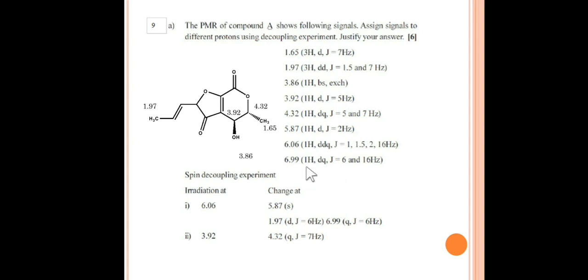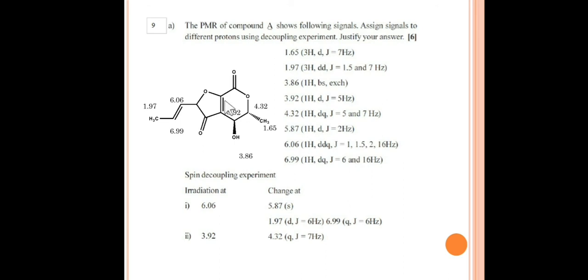So 6.99 is a doublet of quartet, which is this proton. Of course, 6.06 is this proton, which will also show a doublet of quartet. It is so simple to assign the chemical shifts if we have knowledge of coupling constants.